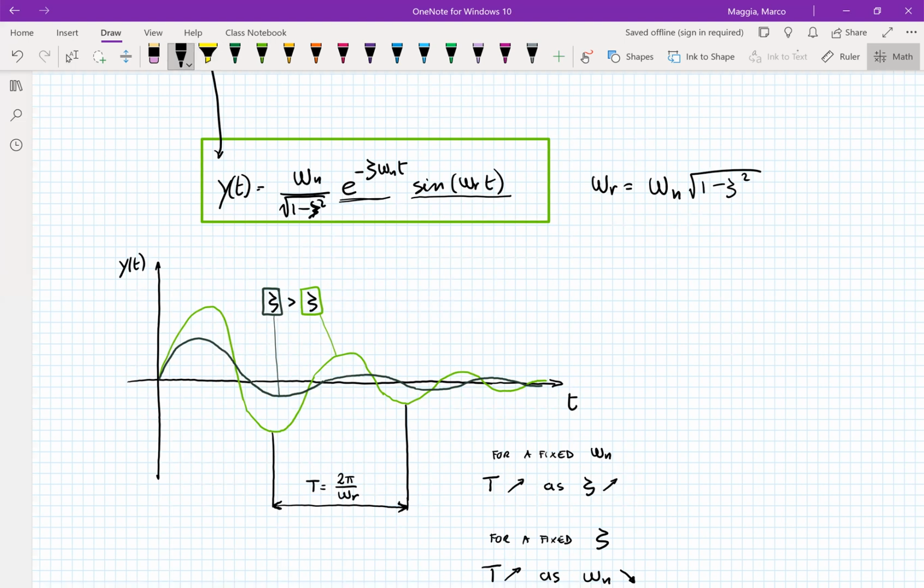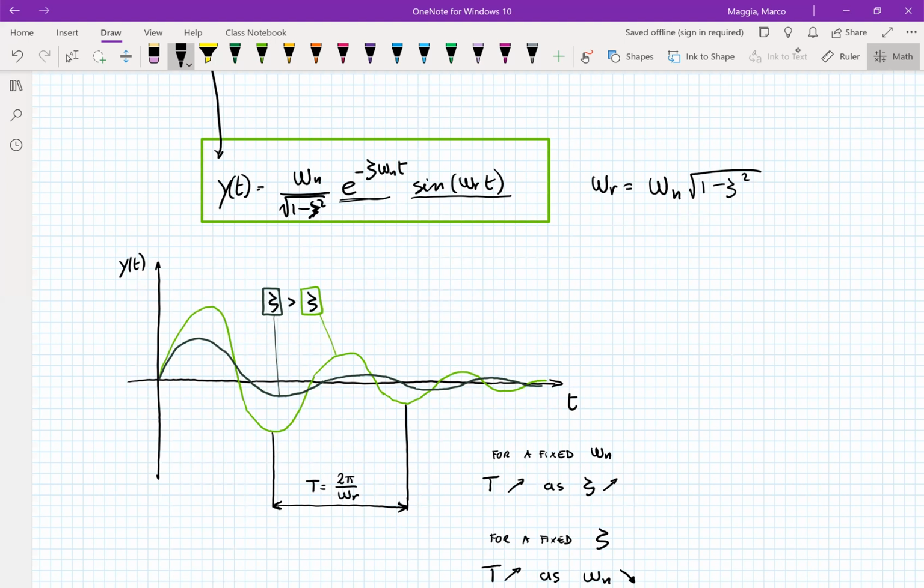So they are harmonic functions modulated by an exponentially decaying function. That is, you can think about it as a harmonic function whose amplitude decays exponentially.